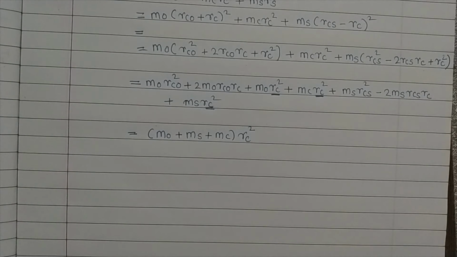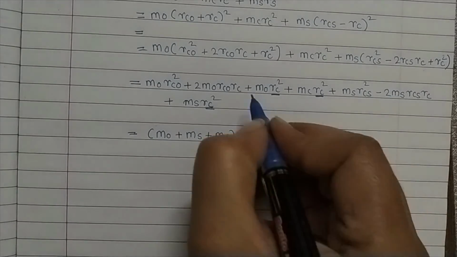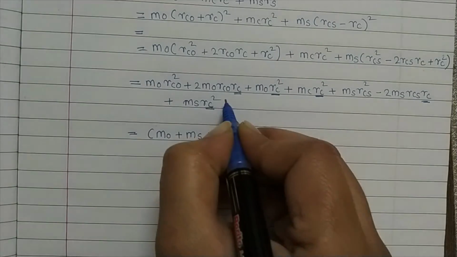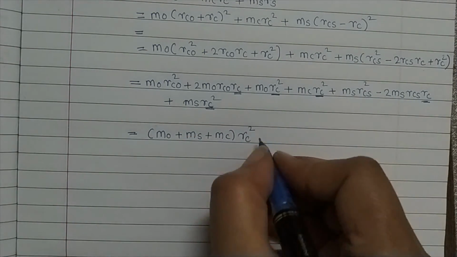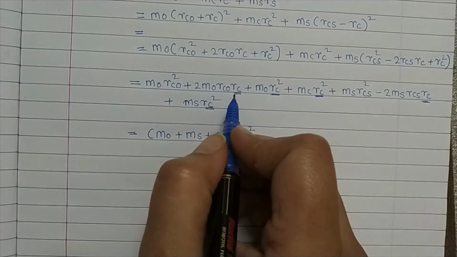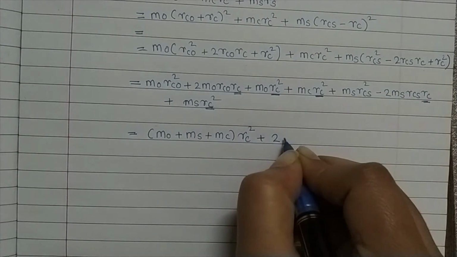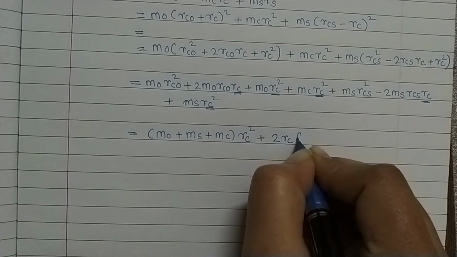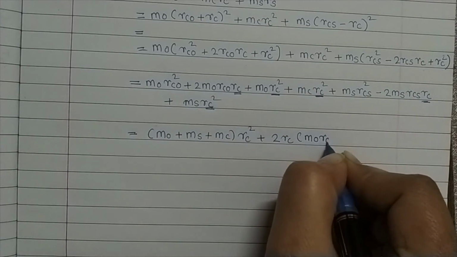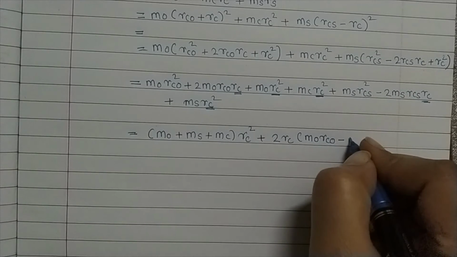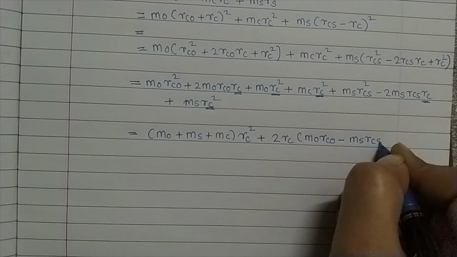Okay. Now the next thing that we will take common is the factor having RC. So these are having the RC term, so RC and also 2 is common. So we will take this common: 2 RC (MO RCO minus MS RCS).